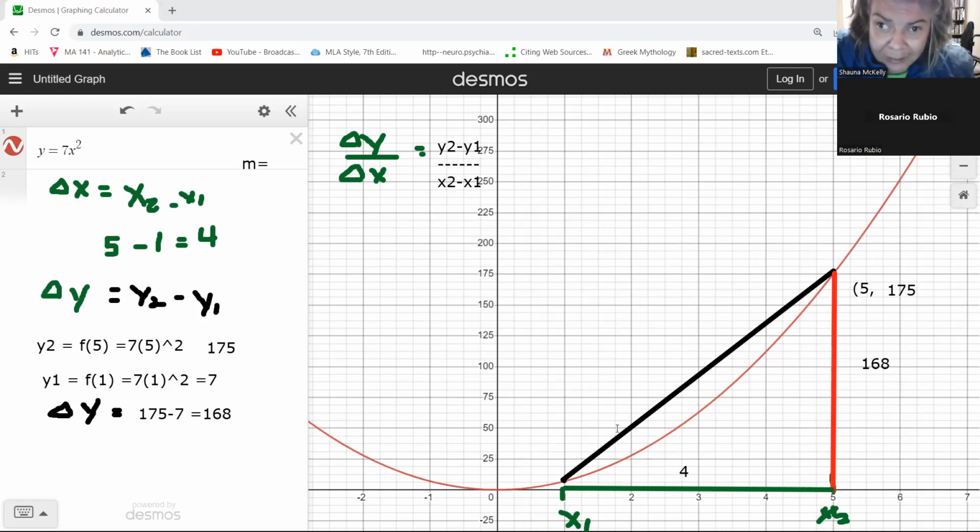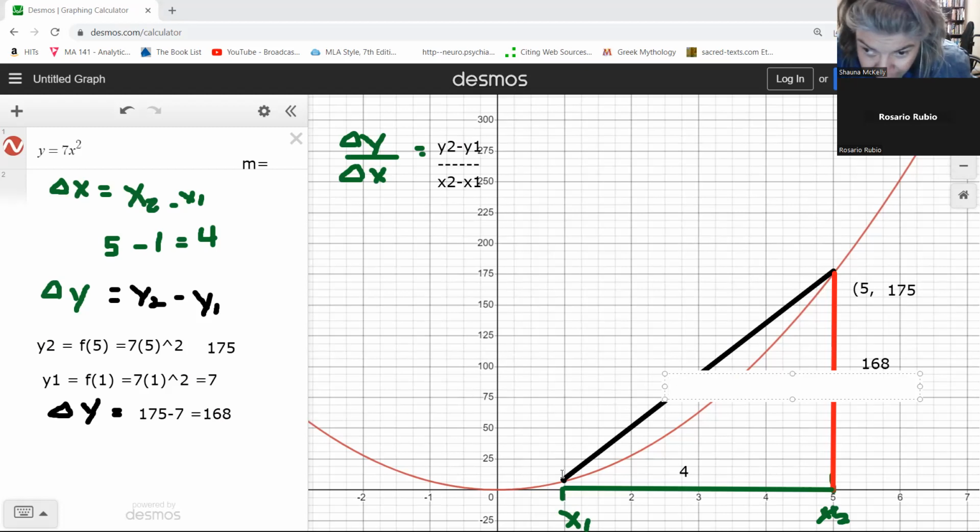What's happening, and this is why I wanted to introduce this, what's happening with the difference quotient is, I can find the slope between any 2 points easily, because I just move this black line.